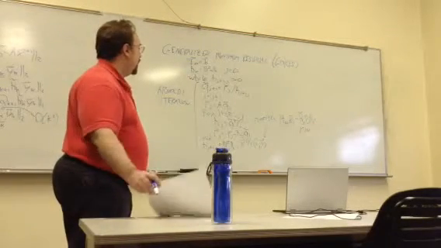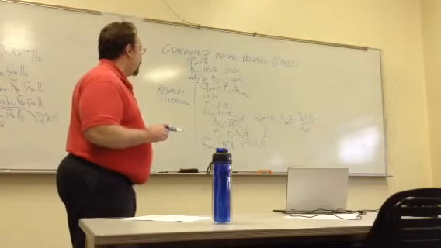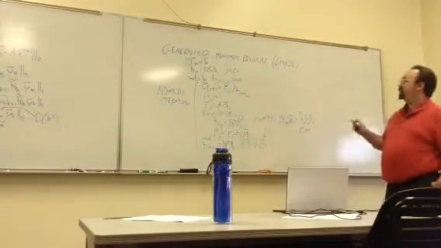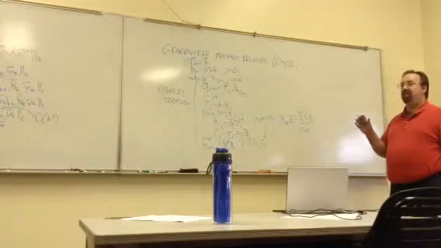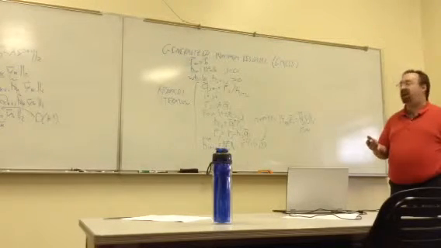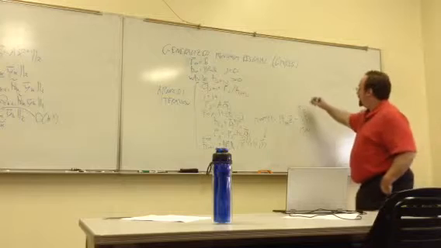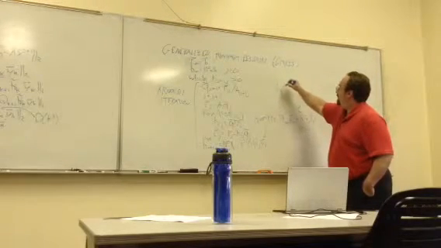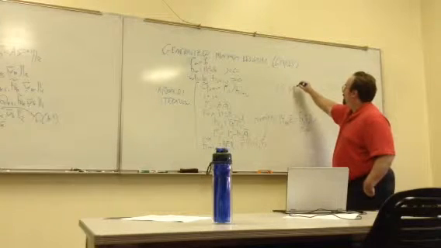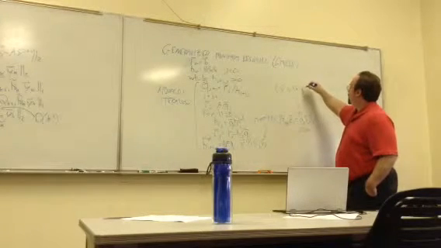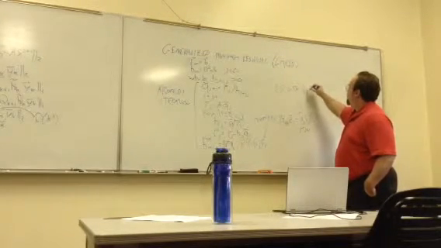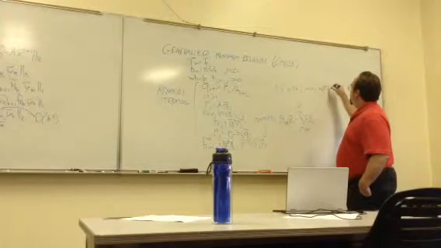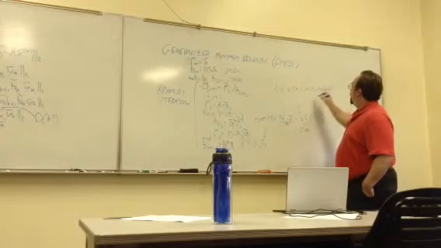Now, one big drawback of GMRes that is not relevant for conjugate gradient is the following. This is a least squares problem with a (j plus 1) by j matrix, this H tilde j.